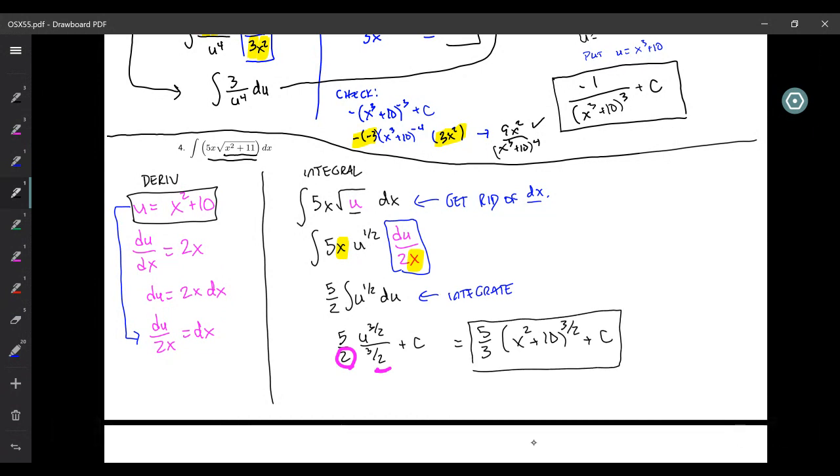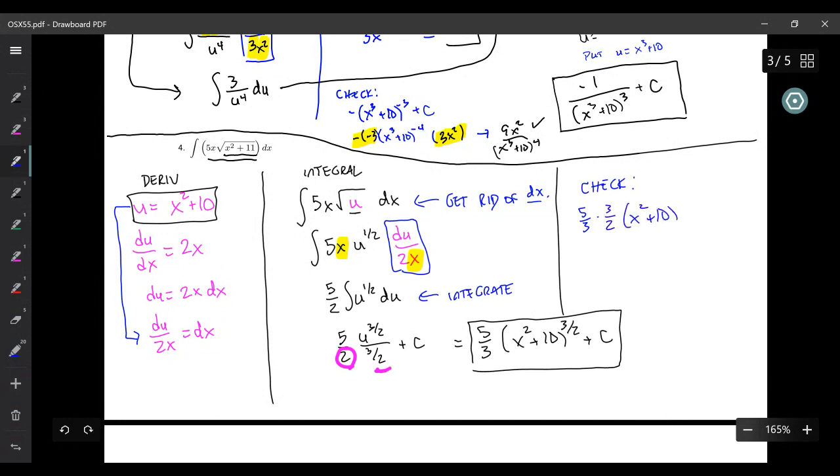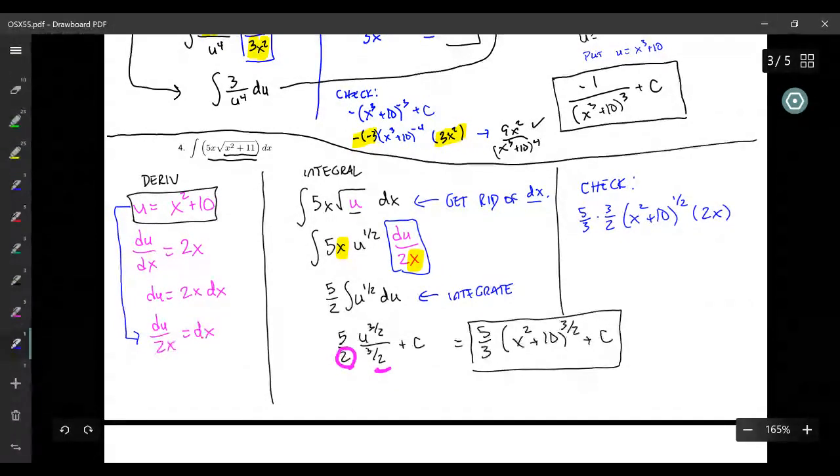And then if you want to check your work, 5/3 times 3/2, x squared plus 10 to the 1/2 power times 2x. So all these coefficients clean up. 3's cancel, 2's cancel, you get a 5x.